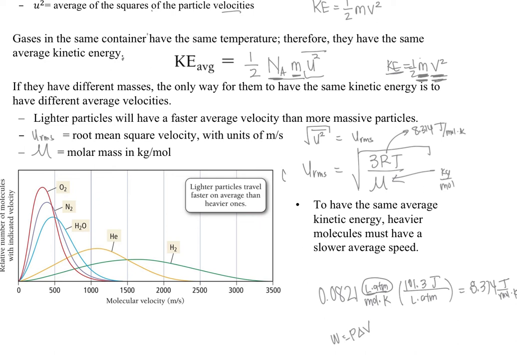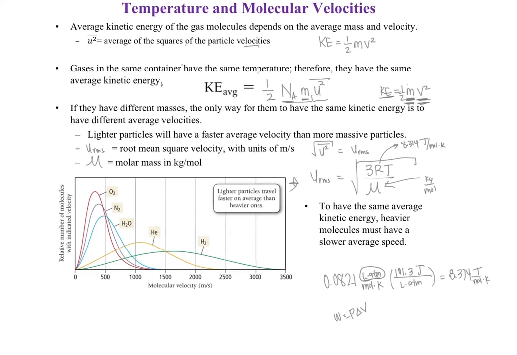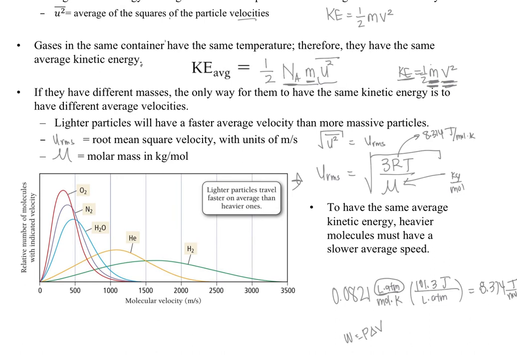So this is something we'll use to explore the relationship between molar mass and speed, and also temperature. Notice here is molecular velocity, our speed, versus the fraction of molecules. If I have a really light molecule like hydrogen, the average speed is higher than something that's heavier like oxygen.